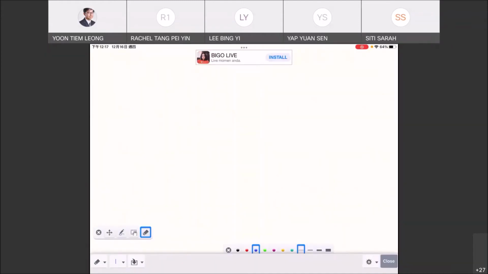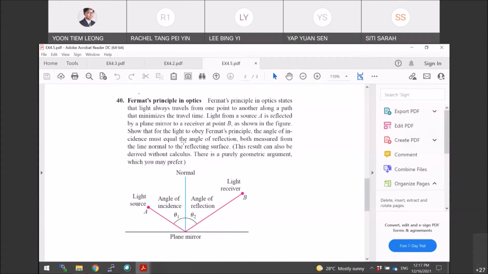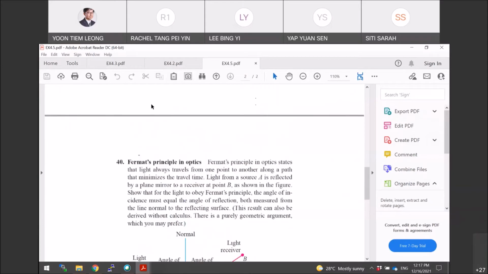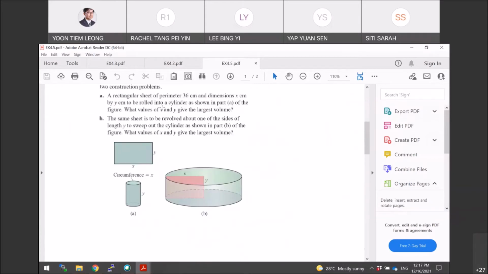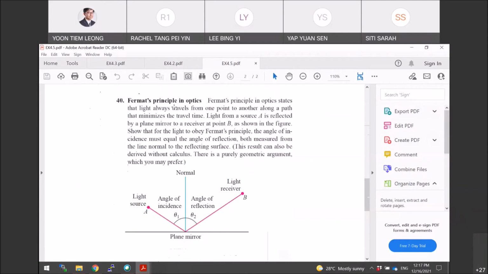So now we are going to discuss another question, the last question, on exercise 4.5, question 40, Fermat's principle in optics. So I think this is an application of optimization.